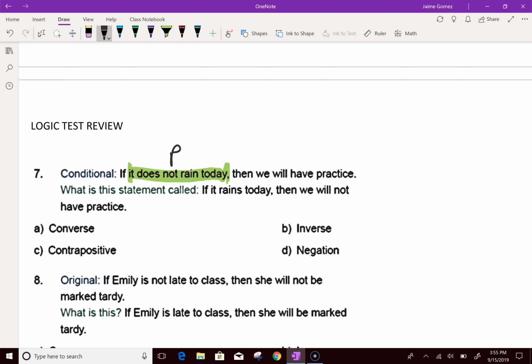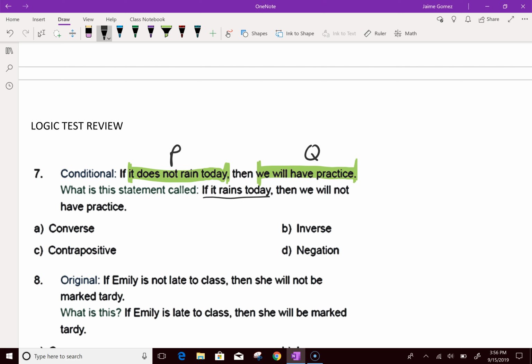That's my P. After the word then, that's the Q. So if we had that, and they rearrange it to say, if it rains today, then we will not have practice. But let's see what they did. They said, if it rains today. This says if it does not rain today.